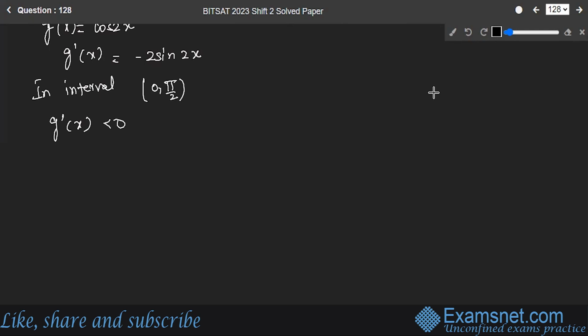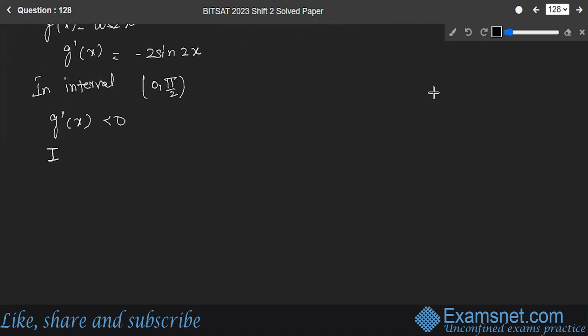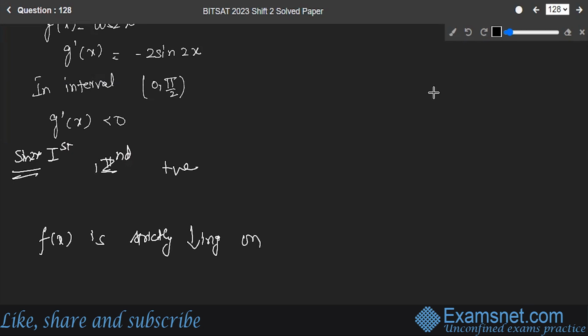See, because sine 2x will, no, sorry, sine 2x will lie in the first or the second quadrant, which will give you a positive value. Correct? Therefore, g(x) is strictly decreasing on this interval, 0 to pi by 2.